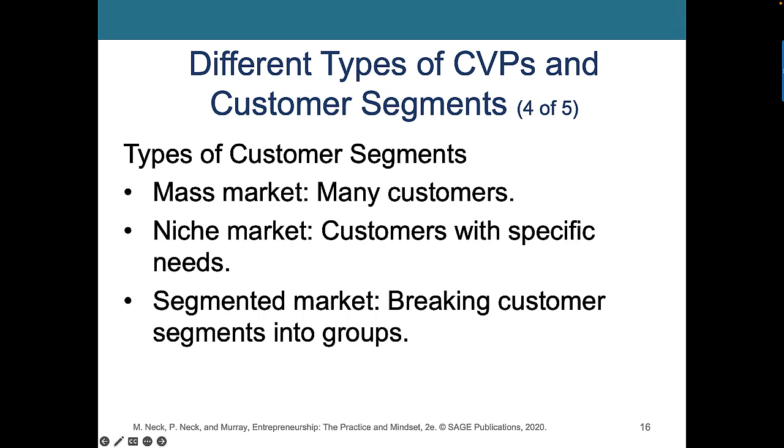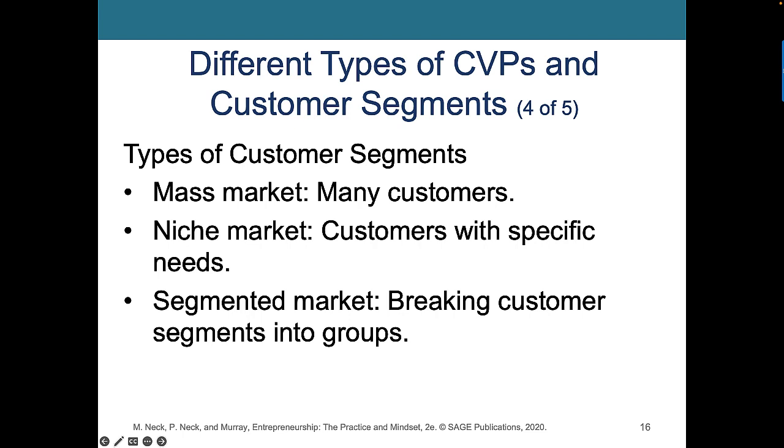Segmented market is breaking the customer segment into groups according to different needs and problems. So a bank might provide different services to its wealthier clients than it would to its average-income clients. For example, Chase Bank has services for the average, middle-income individual: a checking account and a savings account.